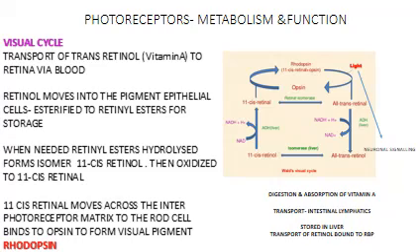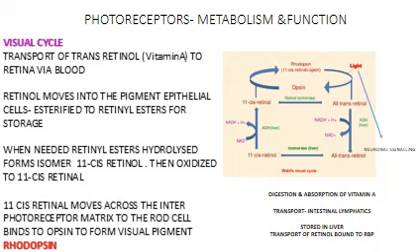The retinol then moves into the pigment epithelial cells and gets esterified to form retinal esters for storage. When needed, the retinal esters are hydrolyzed and form isomers like 11-cis retinol, which is then oxidized to 11-cis retinal.